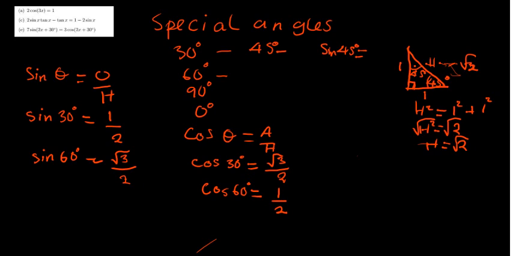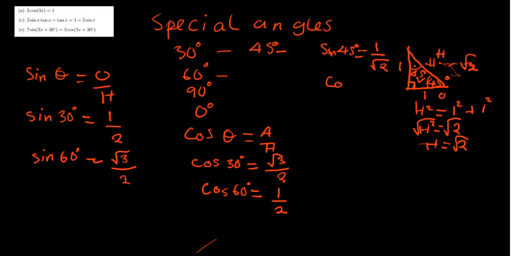You can see that there are 45 and there are 45, so you can take any. The opposite is 1, then the hypotenuse is the root of 2. So sine 45 degrees is equal to 1 over root of 2.